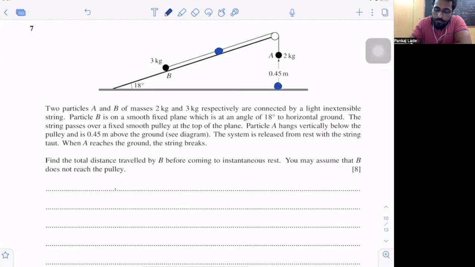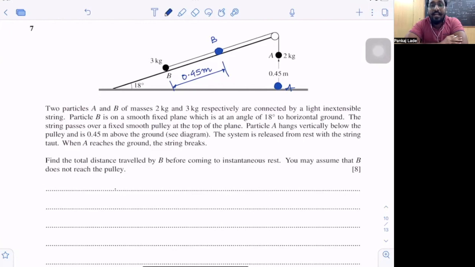Those are the positions of particle A and B. This is A, this is B. The distance covered by B is 0.45 meters. Initially I'm going to make use of D'Alembert's principle, and then we will solve the same question by the work energy principle as well. So according to D'Alembert's principle, what's happening over here? Before I start with the question, I also want to mention one very important law, which is called the string law.